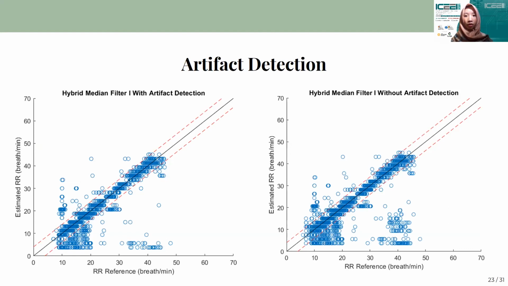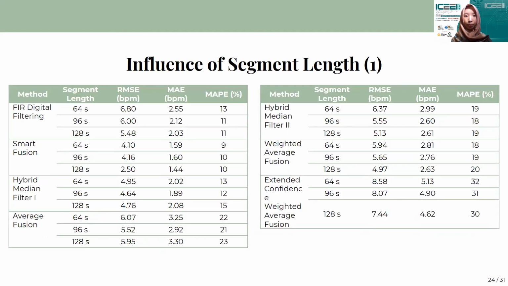Here are the artifact detection algorithm evaluations. From the scatter plot, we can see that our algorithm can reduce about 20% of the errors of more than 4 breaths per minute that might be caused by artifacts in the PPG signal.